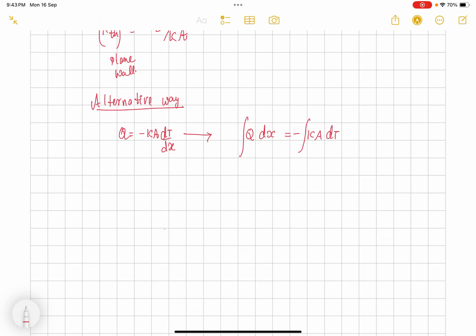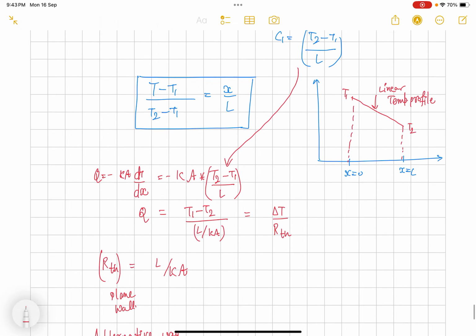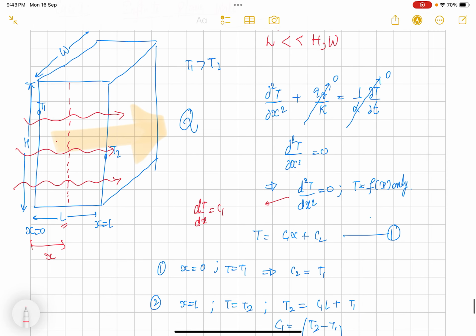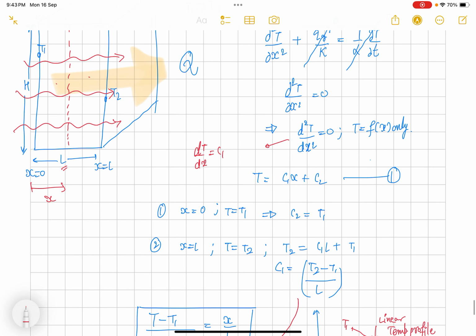Since Q is constant through the plane wall, because there is no internal heat generation, and steady state is maintained inside the plane wall.